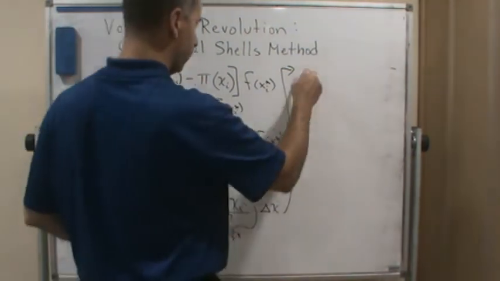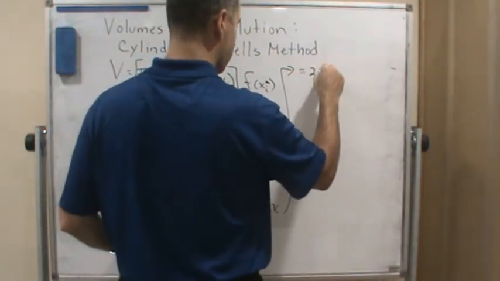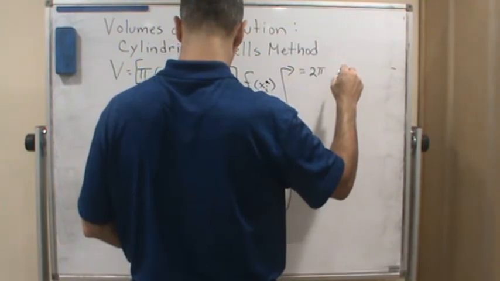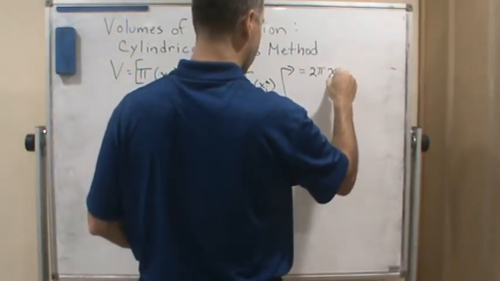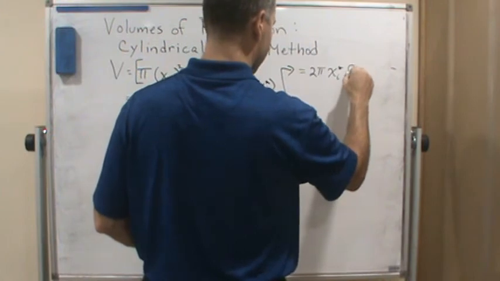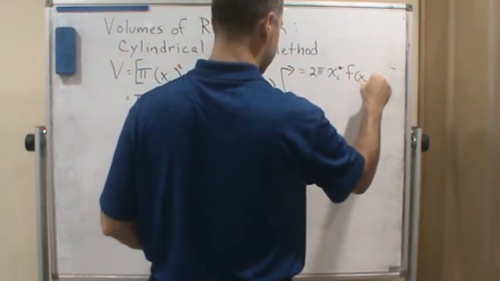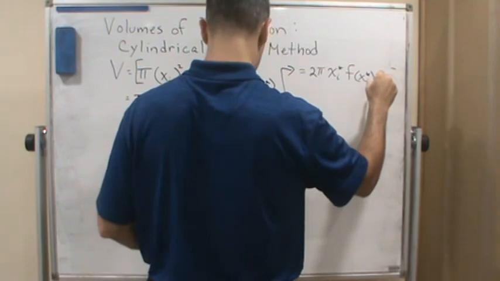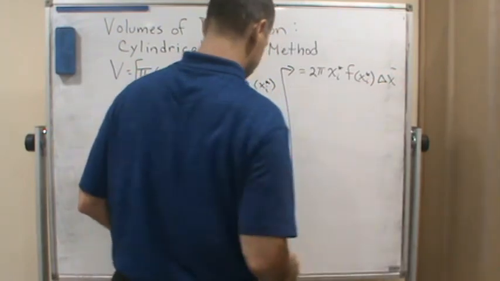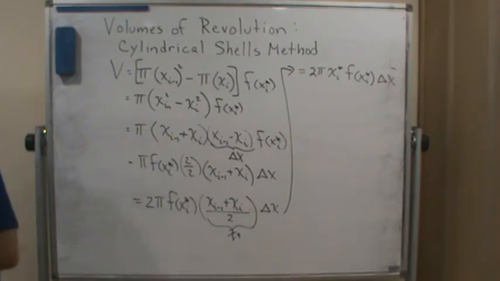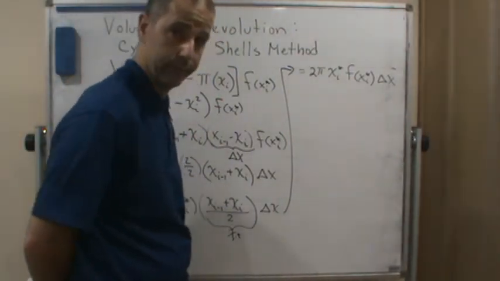That takes us to the volume of a shell equal to 2 pi x sub i star times f of x sub i star times delta x. So far so good.